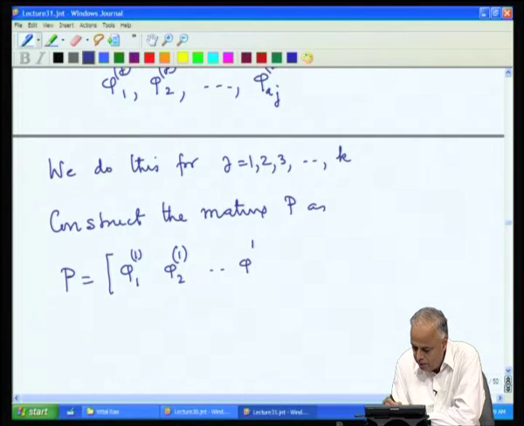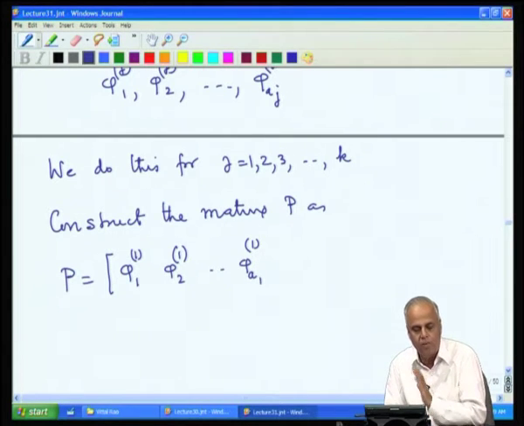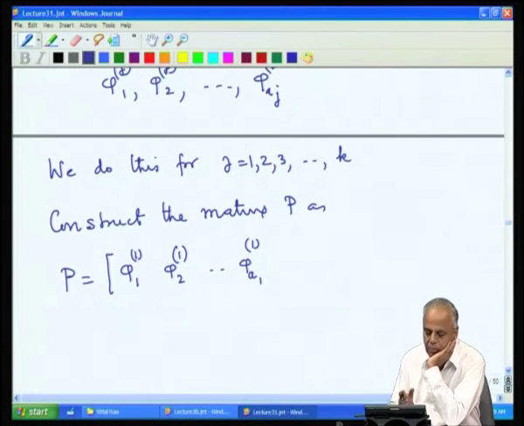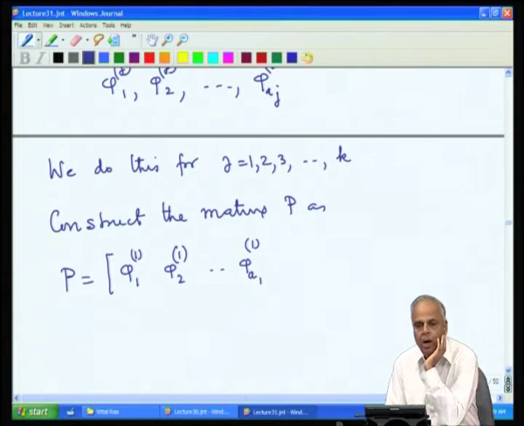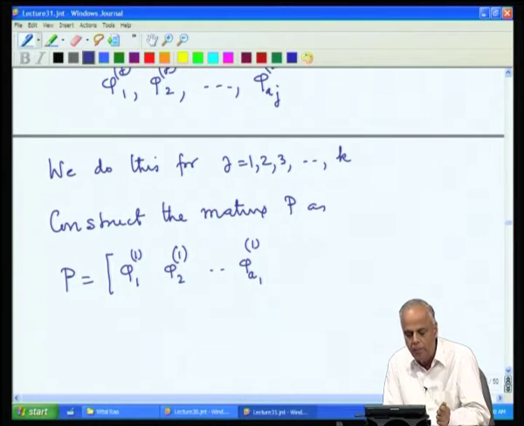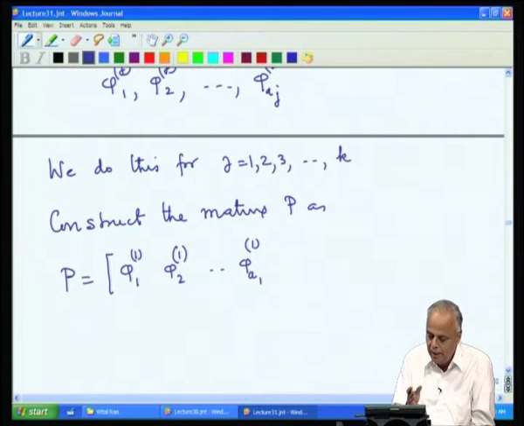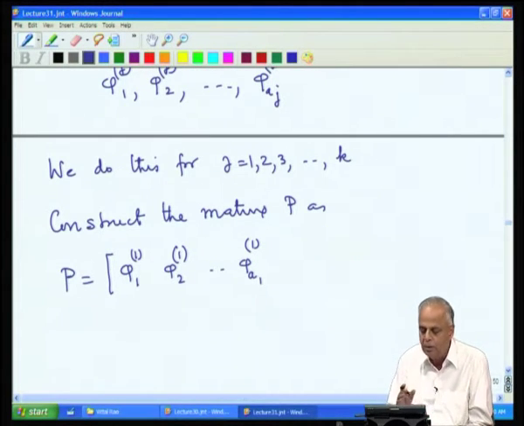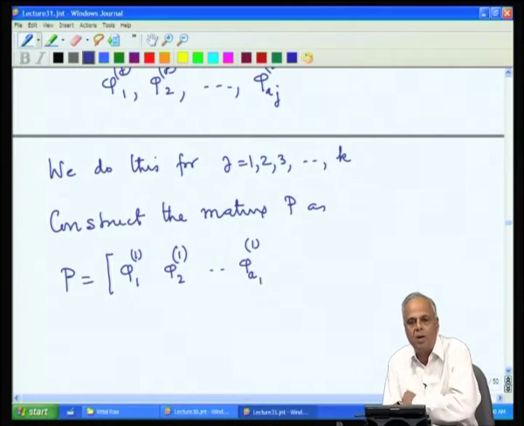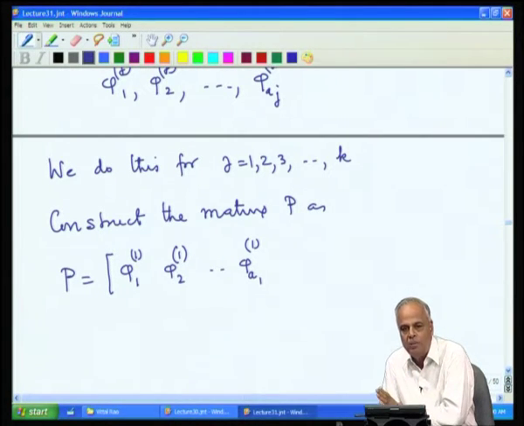How many of them are there? a 1 of them are there. Write down all the eigenvectors as columns of this matrix P. First look at the eigenvectors corresponding to lambda 1. They come as a basis of W 1, which has a basis consisting of a 1 vectors. Take these a 1 basis vectors and put them as the first a 1 columns of P. This decides the a 1 columns of P.